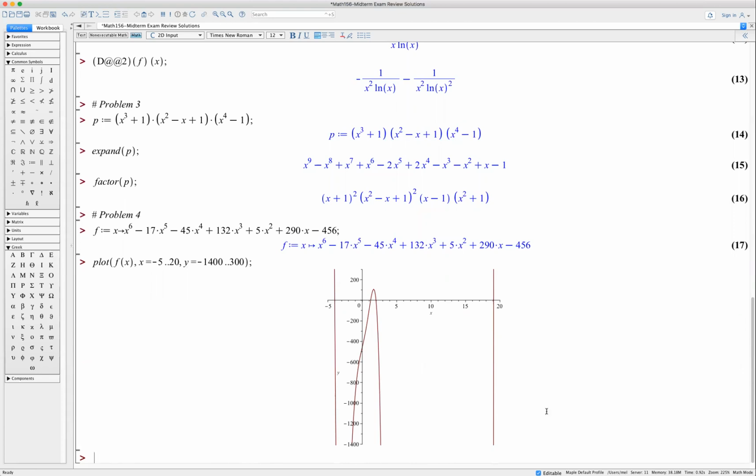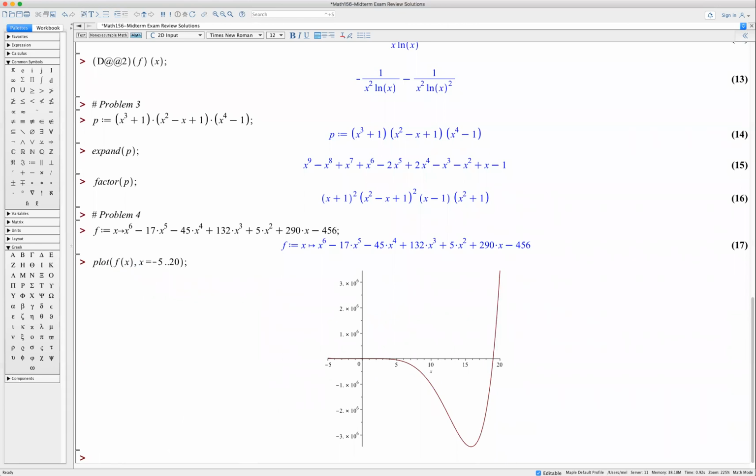Going down pretty far. It's really hard to see what's going on.